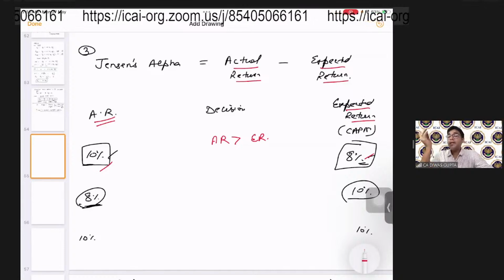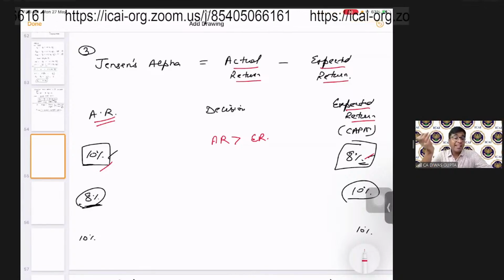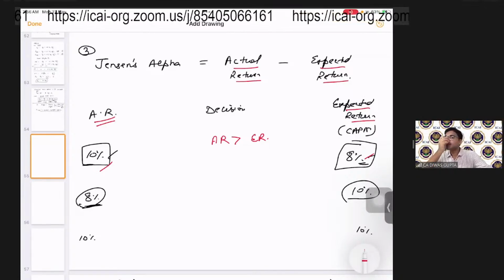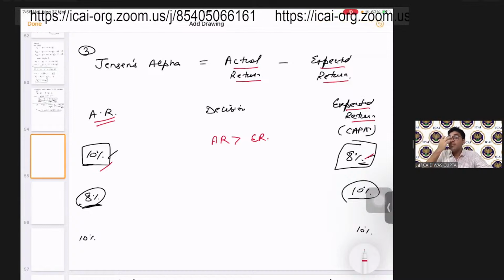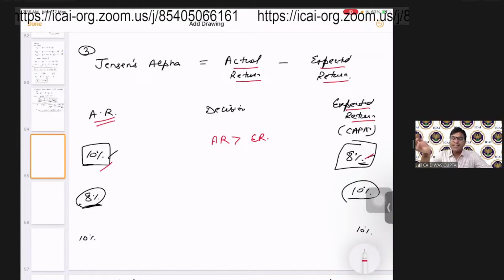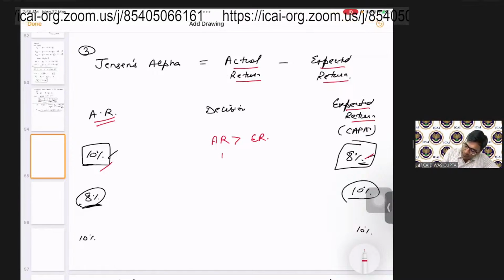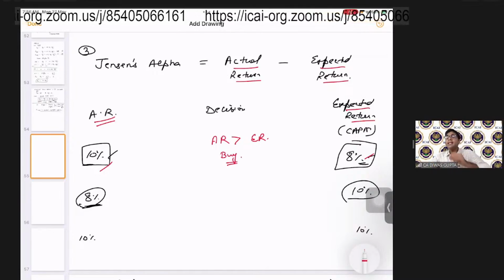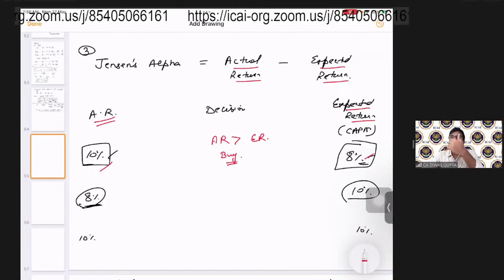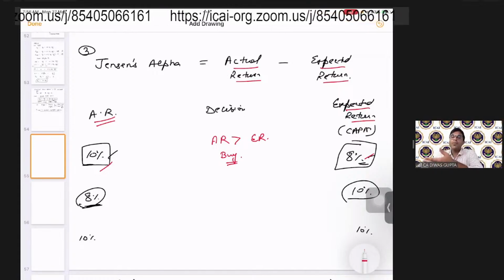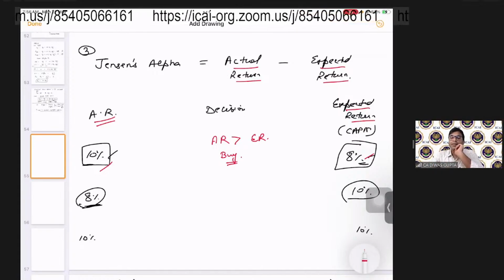I expected to get 8%, but actually I'm getting 10%. Should I buy it, sell it or hold it? I should buy it. I should not sell it. Why should I sell it? The moment I sell it, I will lose the opportunity to make the higher return.